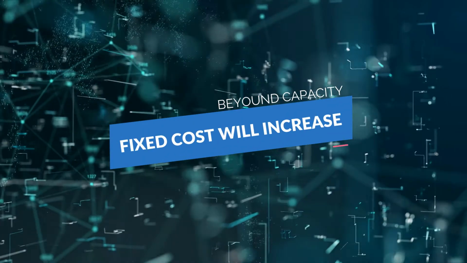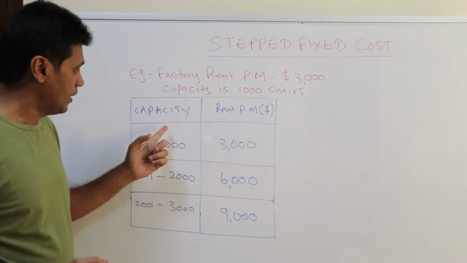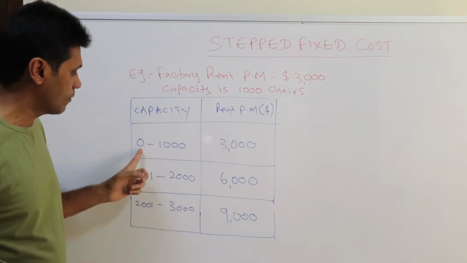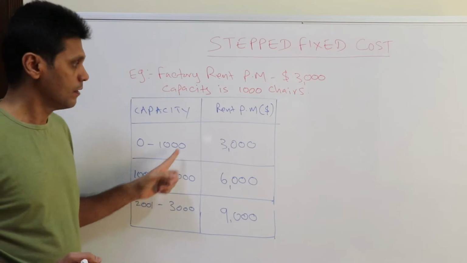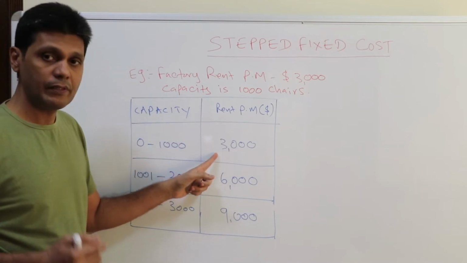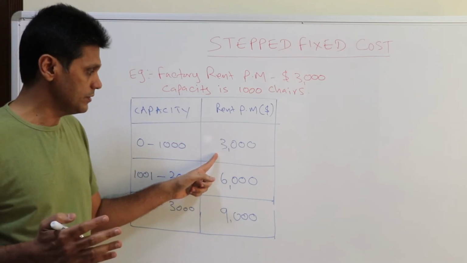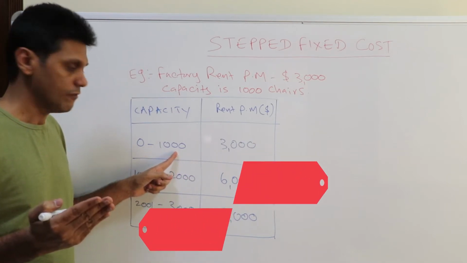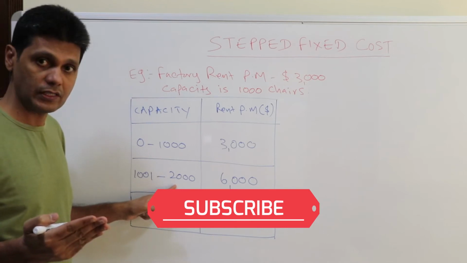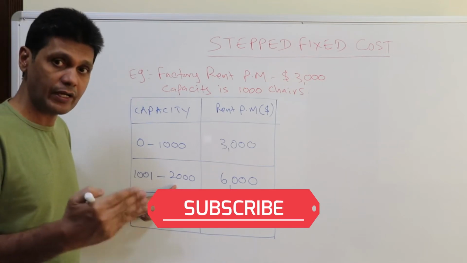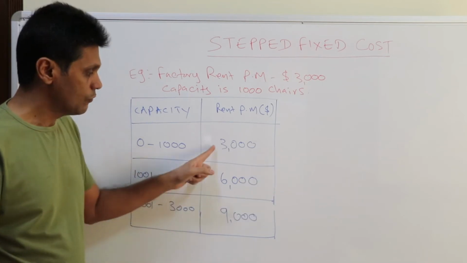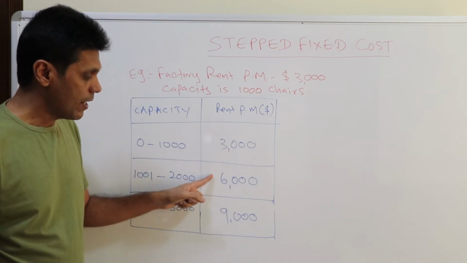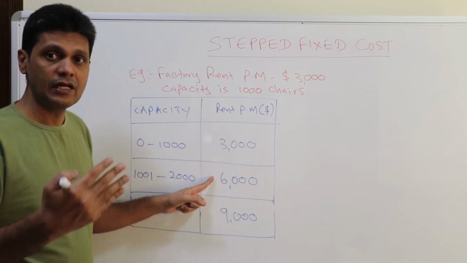Now if you take this particular table, as you can see, for capacity from 0 to 1,000, the rent per month will be $3,000, and if they want to increase the capacity from 1,001 to 2,000, then they will have to rent out another facility, which will increase the cost by an additional 3,000.